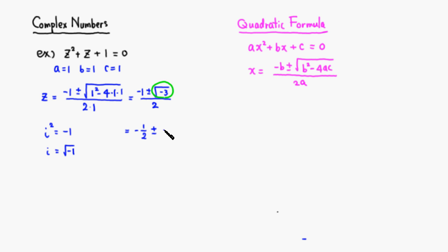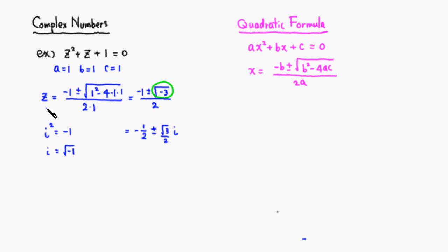So it's going to be the square root of 3, then i, oh actually there's a over 2 there. This is the expression we get out of the quadratic formula, and we introduce a symbol called i, whose property is i squared equals negative 1.